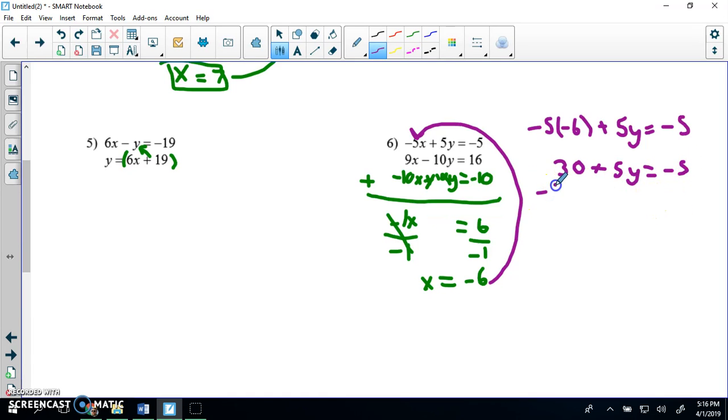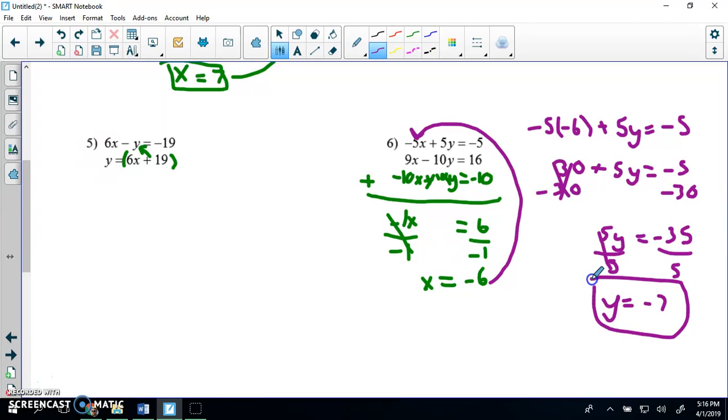And I'm going to minus 30, minus 30. And I get 5y equals a negative 35. And divide by 5, divide by 5. And I get y equals a negative 7.